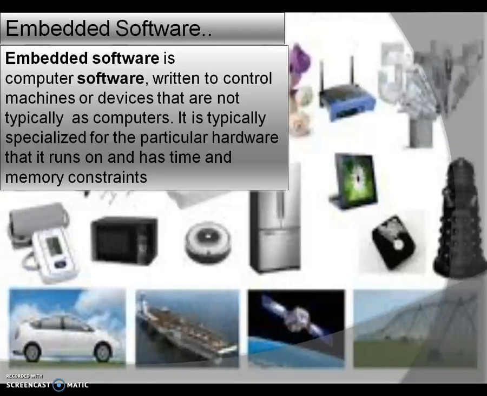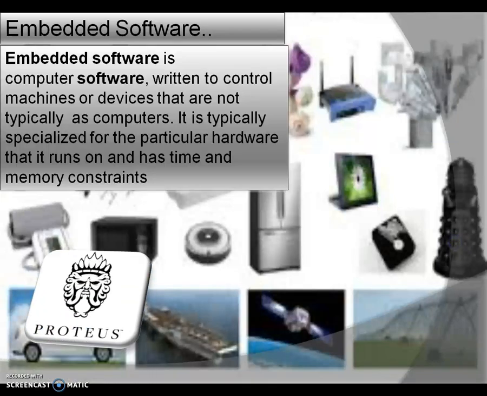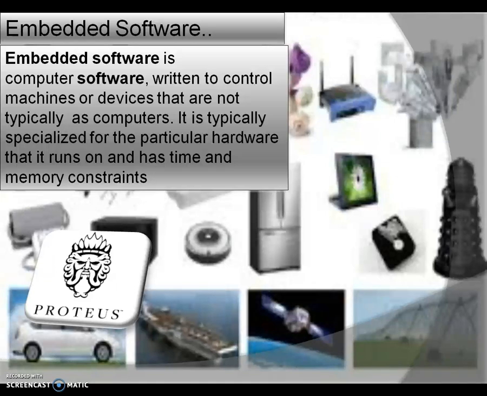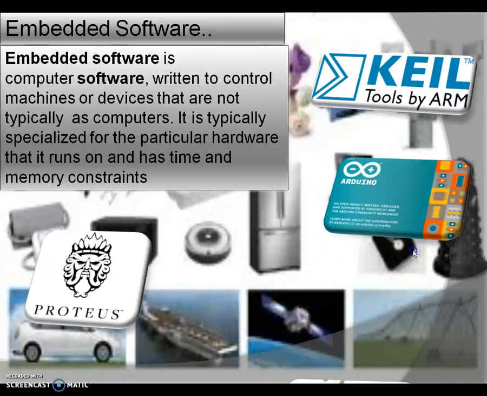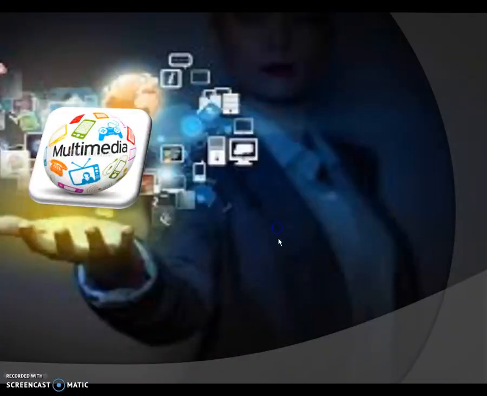It means they cannot perform multiple tasks as a system can do, and they are specialized for a particular hardware that it runs on and has time and memory constraints. So these are the software which are used for developing an embedded system. The first ones are Proteus, Keil, Arduino and Xilinx.